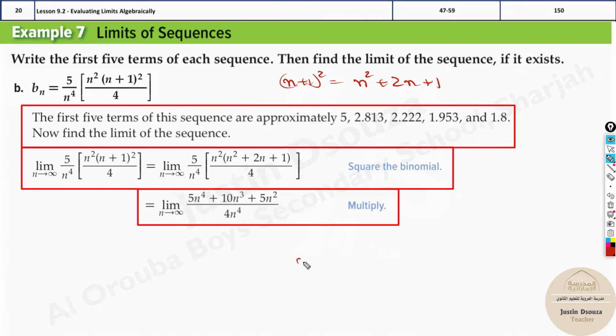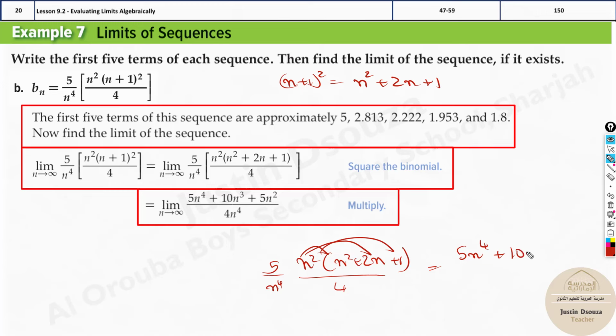Split it out. Over here, it will be n squared times (n squared plus 2n plus 1) divided by 4, and you have 5 divided by n to the power 4. Let's multiply this inside, so we get 5n to the power 4 plus 10n cubed plus 5n squared, divided by 4n to the power 4. This is the simplification we got.